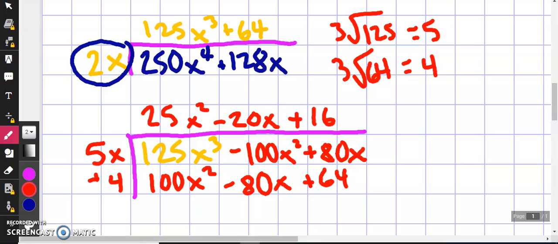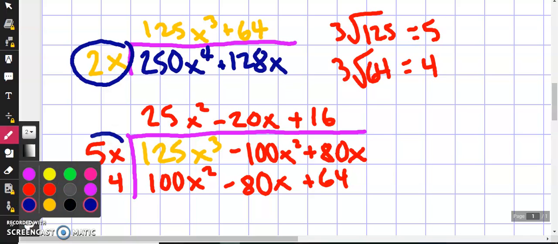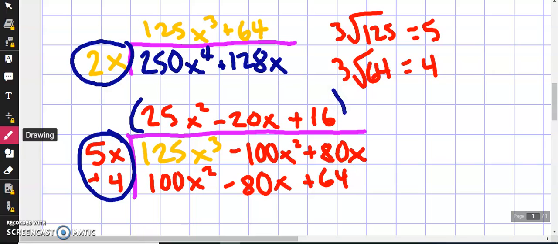So I've discovered two more factors for my original problem. I have the 2x as my GCF, which I already found. Plus, I've also got my 5x plus 4 and my 25x squared minus 20x plus 16 that I just pulled from my second box.